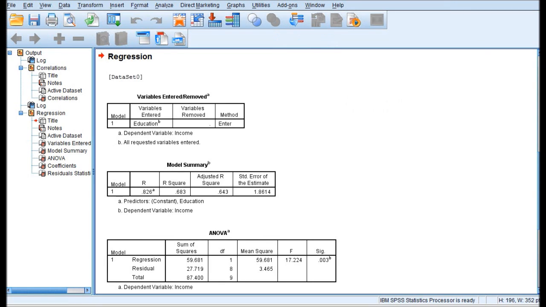Then we get this output of regression, the result of our regression analysis. Here is a table of model summary. We are going to use this, and the ANOVA table here, we have the p-value here.